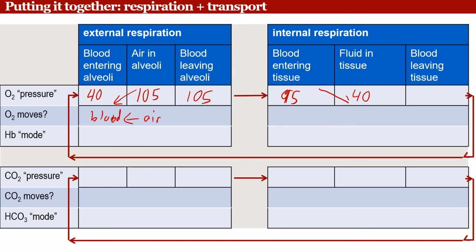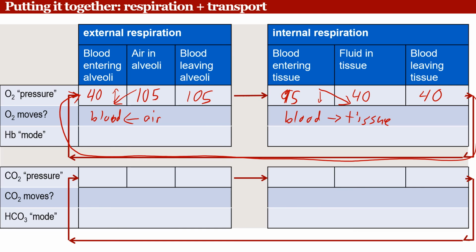We see our down the concentration gradient here means that oxygen is going to move from blood into the tissue, and so the oxygen in the blood is going to fall until it equilibrates with the tissue, so blood leaving the tissue is going to be 40. And then if we follow that all the way around the circulation system back to the lungs, we should find that that 40 is what's coming back in on the other side.